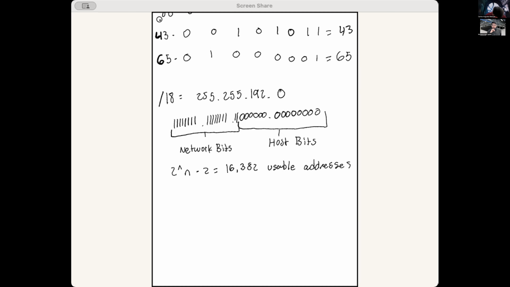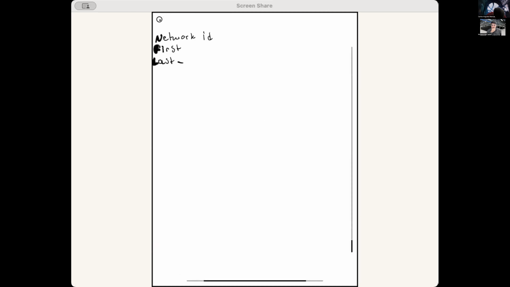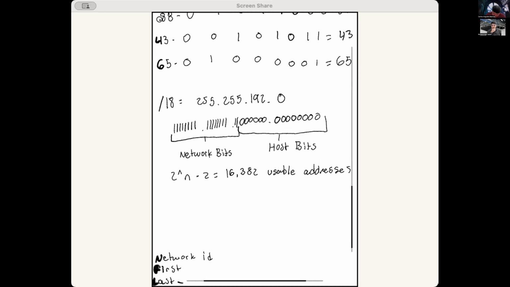Okay. And then to find our network ID, first, last, and the broadcast, we'll have to look at the magic number that we were talking about earlier. So this 192 number, we know that the third octet is the interesting point on this subnet. We'll use the 256 magic number.